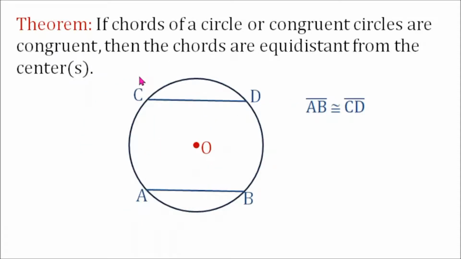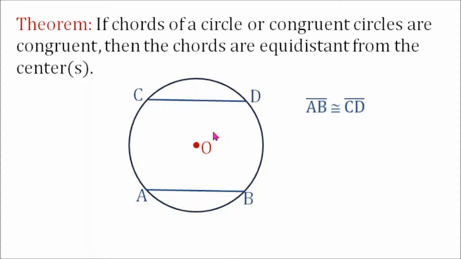The second theorem is: if chords of a circle or congruent circles are congruent, then the chords are equidistant from the center. So line segment AB and line segment CD are chords of circle O, and they are congruent.